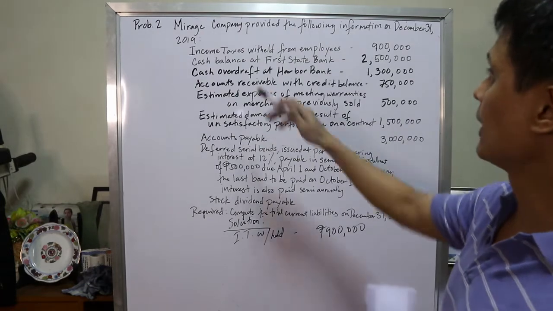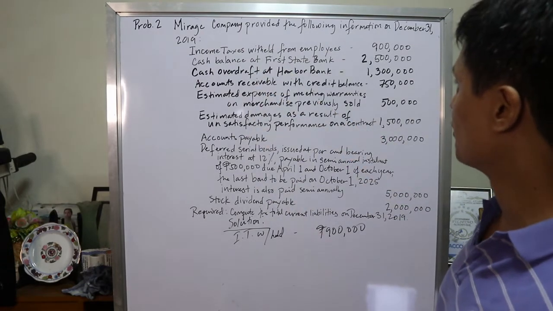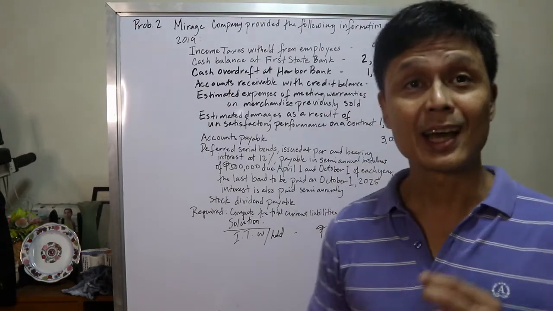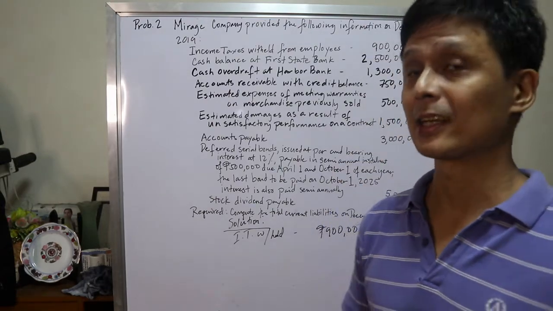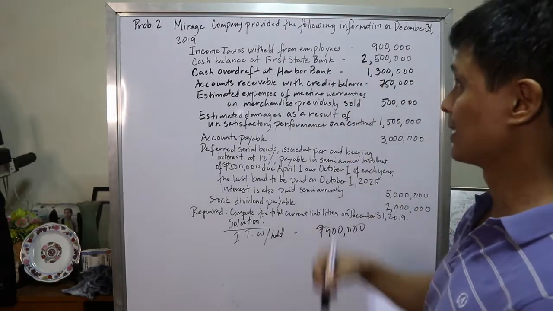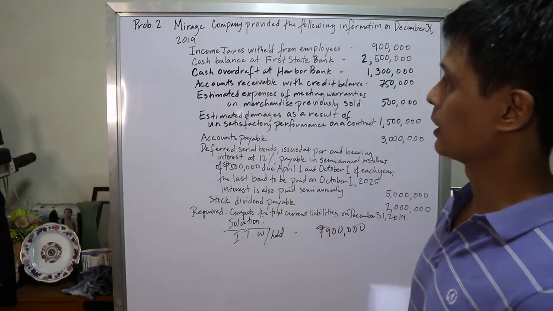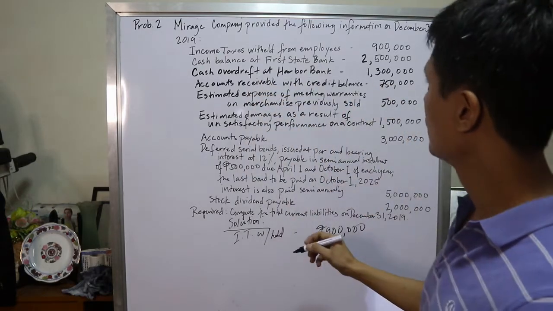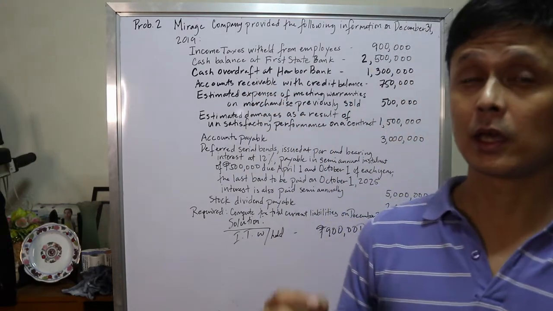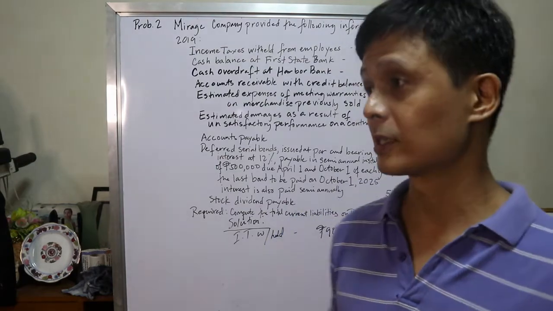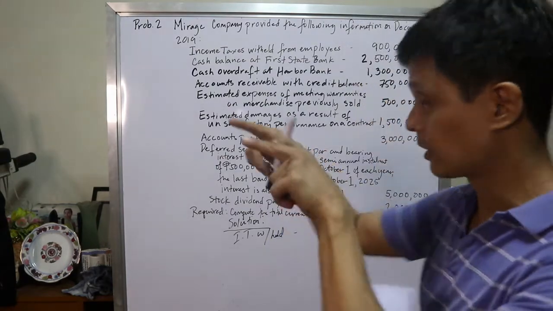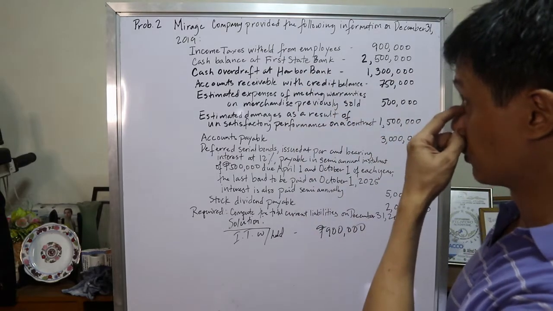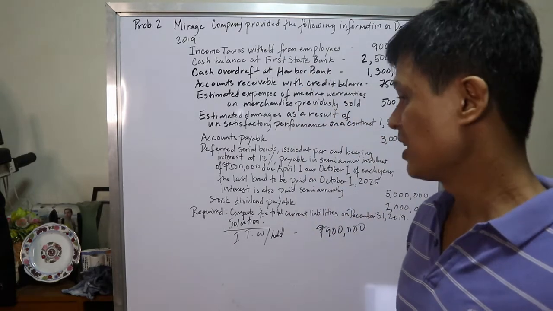The next one is the cash balance at First State Bank. Now, is that a liability? No, that is actually a current asset, because it's a cash balance. The third one is the cash overdraft at Harbor Bank. That could be a current liability, because it's like the cash account has a negative balance at Harbor Bank, and there's no such thing as a negative balance.